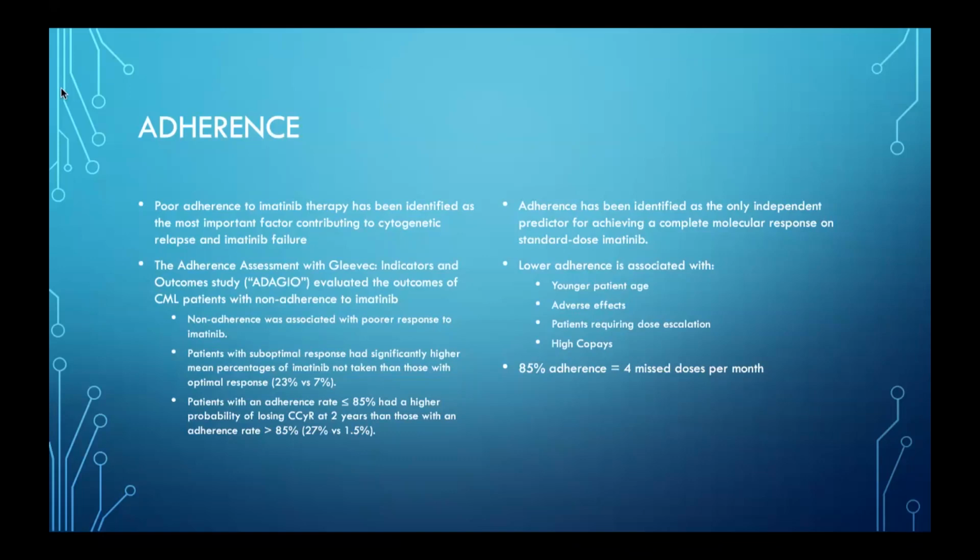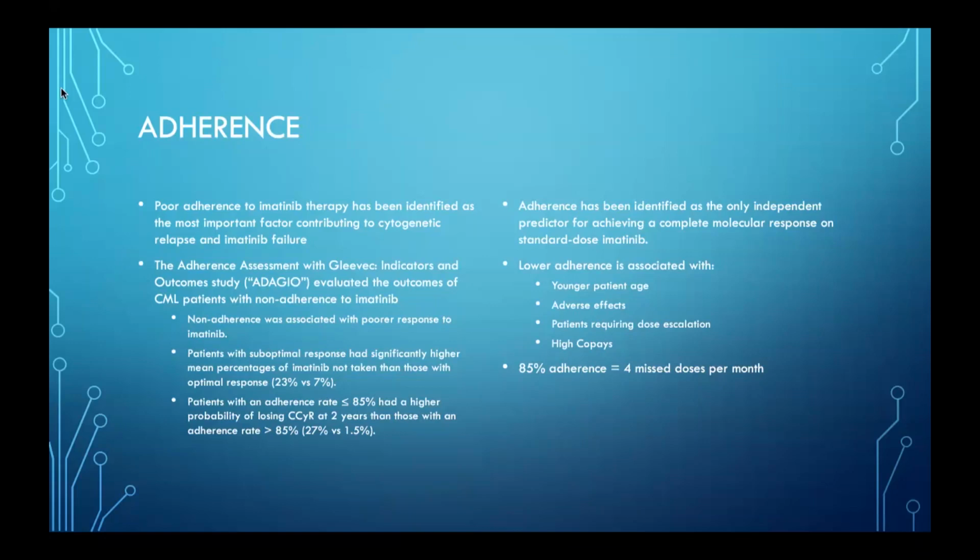And then patients with an adherence rate less than 85% had a 1 in 4 chance of losing their cytogenetic remission at 2 years. So quite likely, if you're missing that 85% adherence is about 4 doses a month, or missing maybe 1 dose per week for our once daily TKIs.